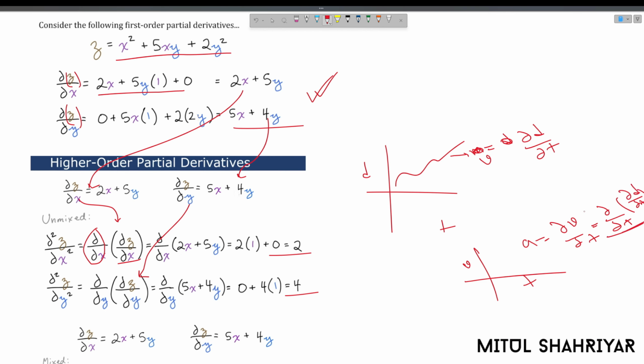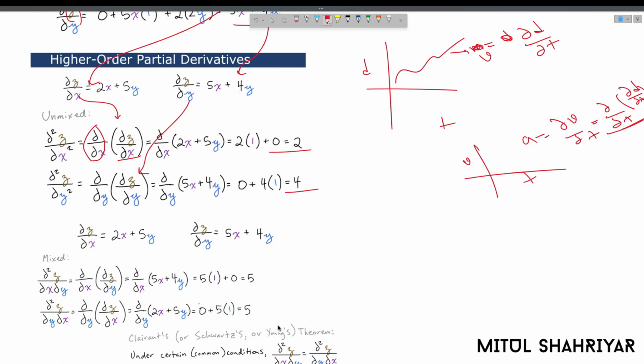So yeah, higher order. We're getting differentiation on top of another differentiation. So yeah, that's that part.